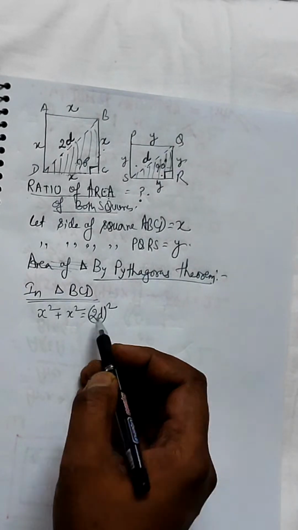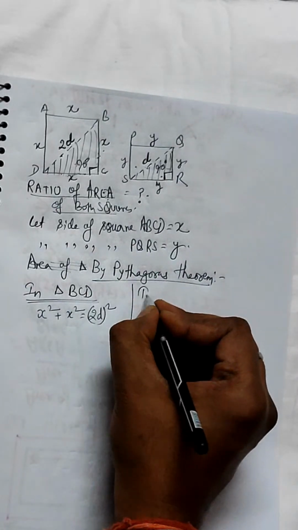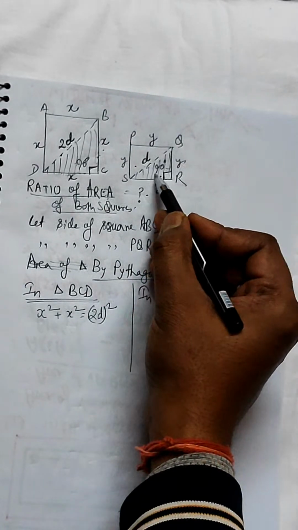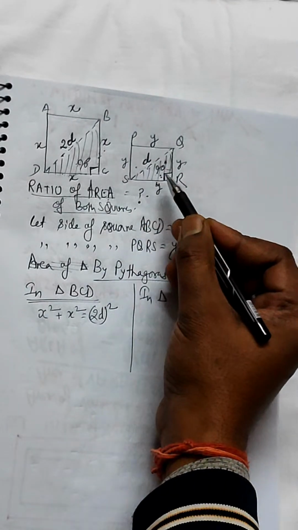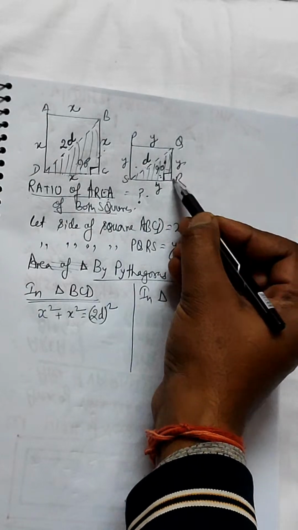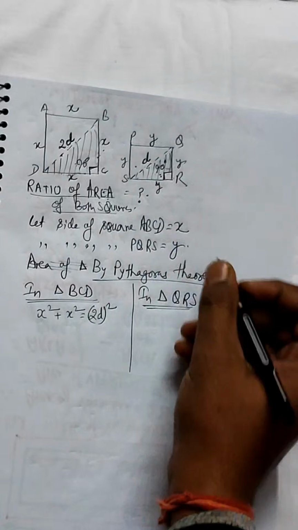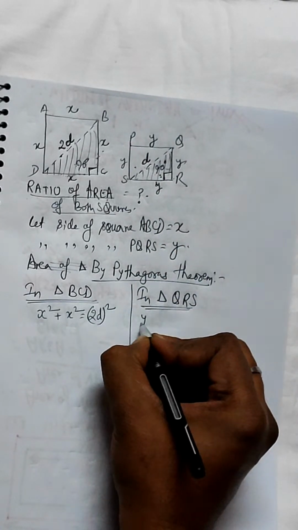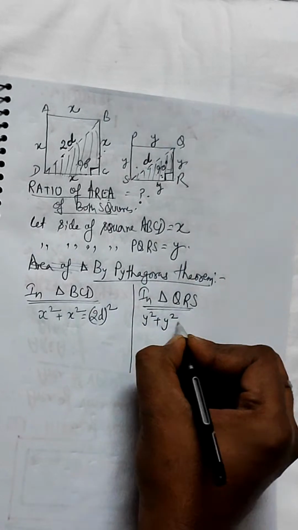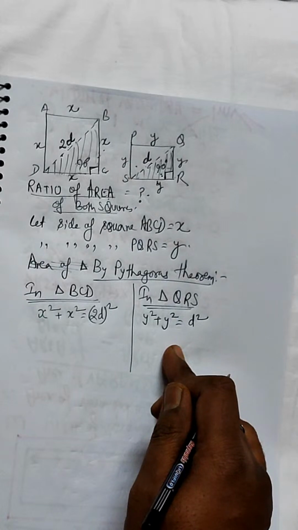Now, similarly, take the triangle of the smaller square, in triangle QRS. Again applying Pythagoras, we get y square plus y square equals d square, right?